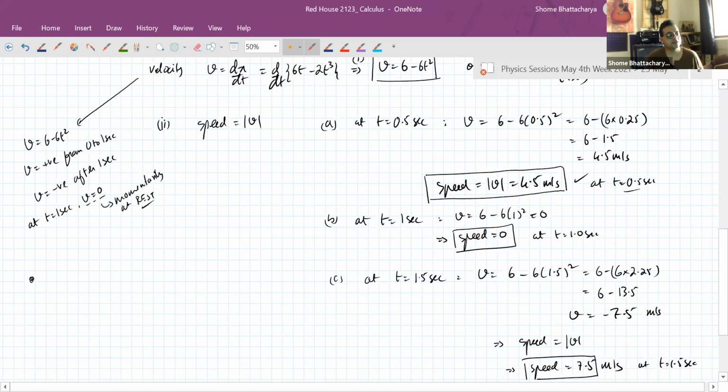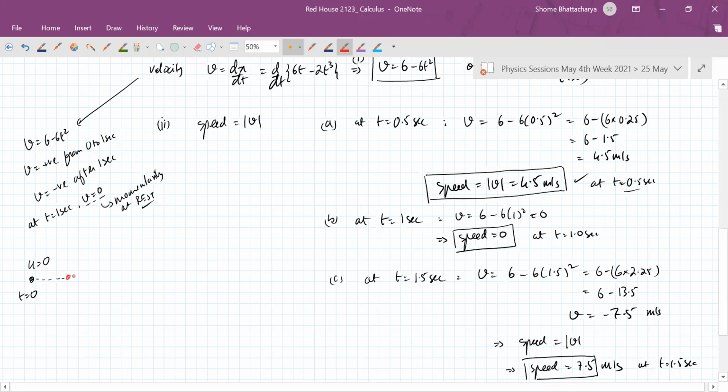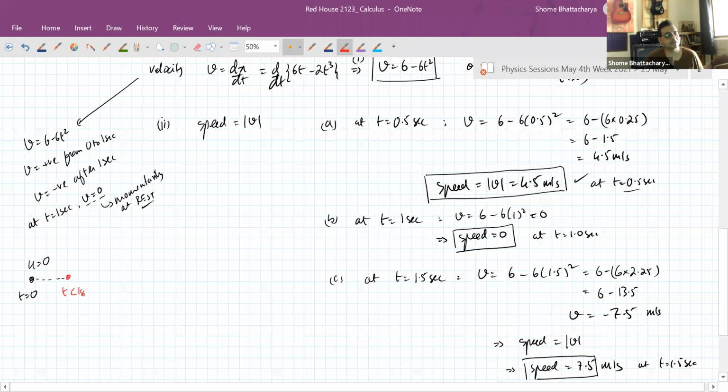If the particle is starting from rest at time t equal to 0, then as it moves along the x-axis, at some time which is less than 1 second, it has a positive direction of motion.